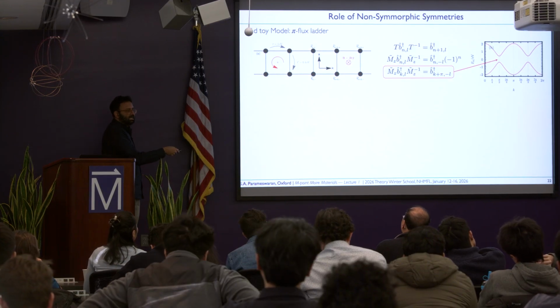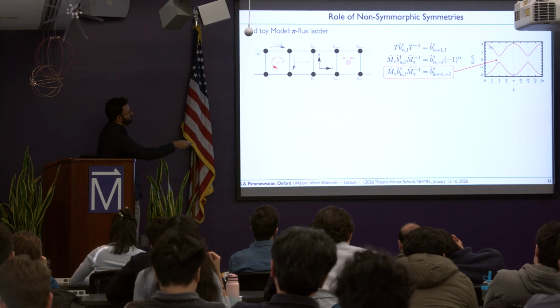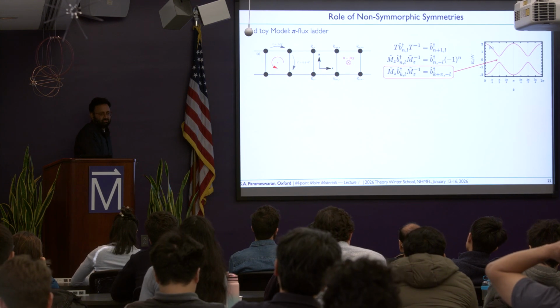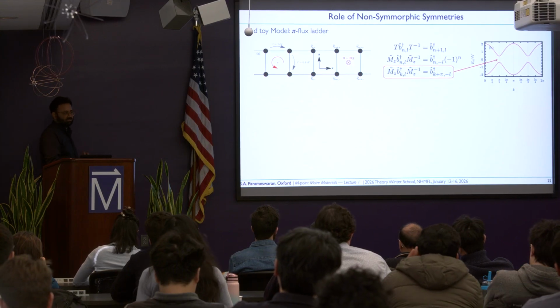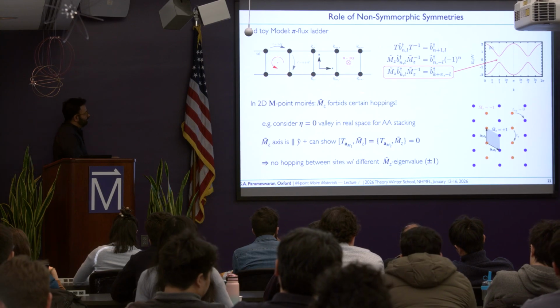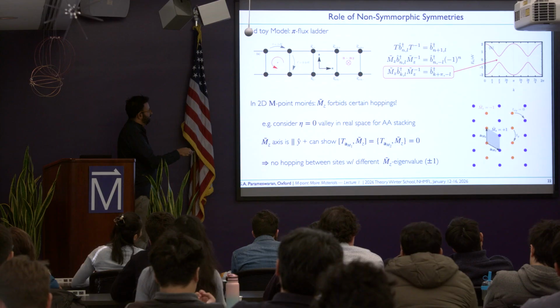If you translate that into the kind of hopping problems that you can write down, what it says is that the hopping has the symmetry enforced, so k and k plus pi are matched to each other under the hopping. That just tells you certain hopping terms can't be written down. In 2D, we can see that this M twiddle Z, if it's an exact symmetry, will forbid certain hopping.